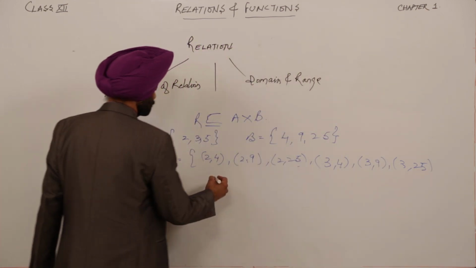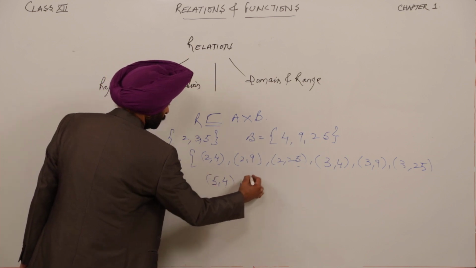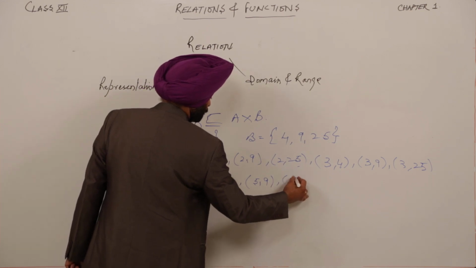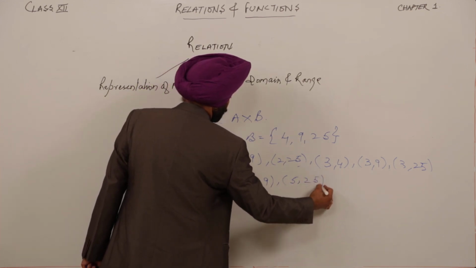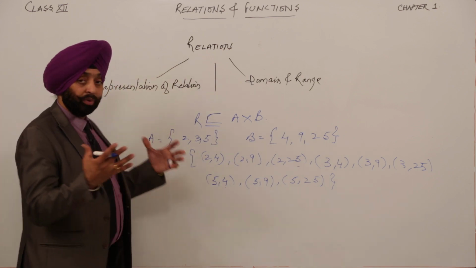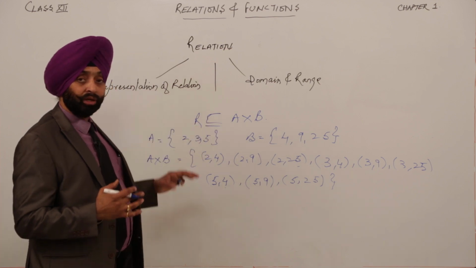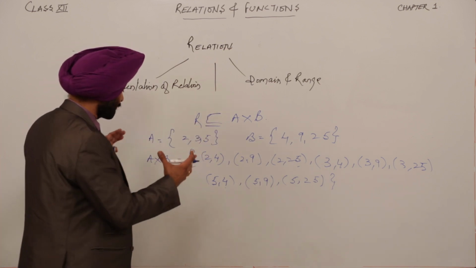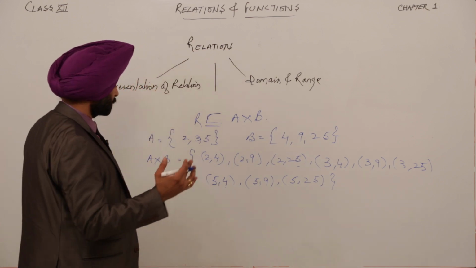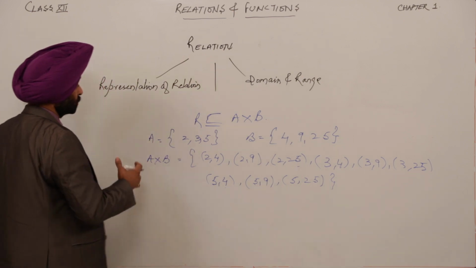Then last, 5 with 4, 5 with 9 and 5 with 25. These are the ordered pairs in the Cartesian product of sets A and B.